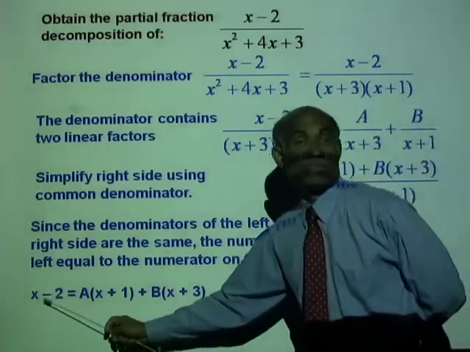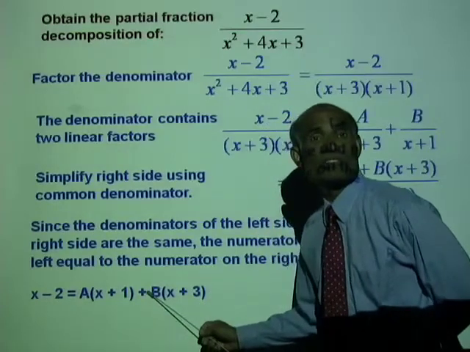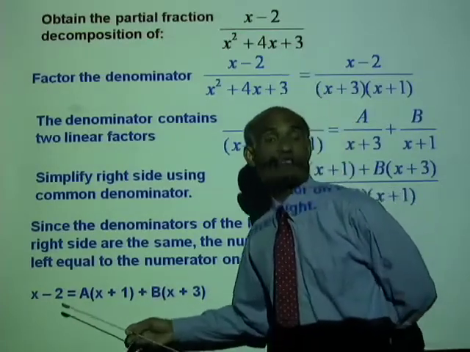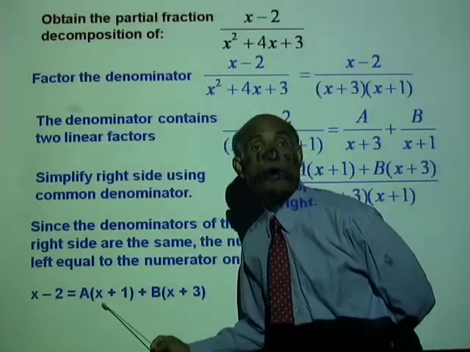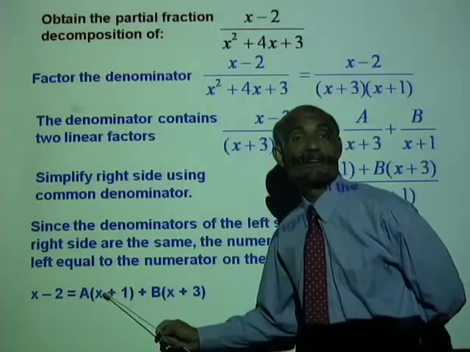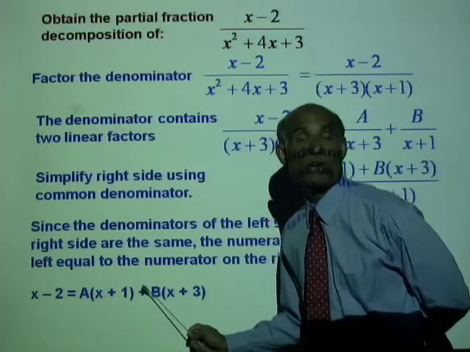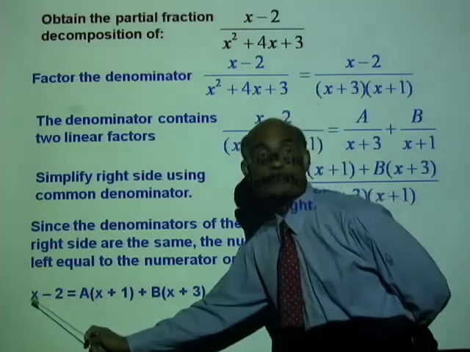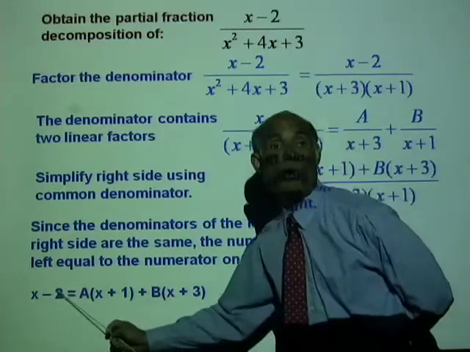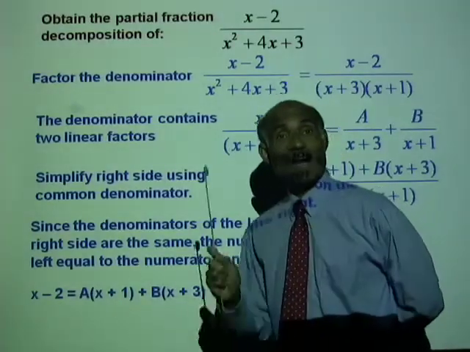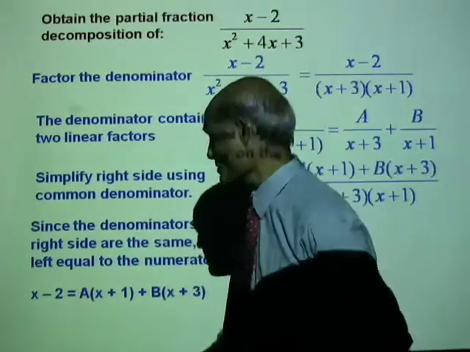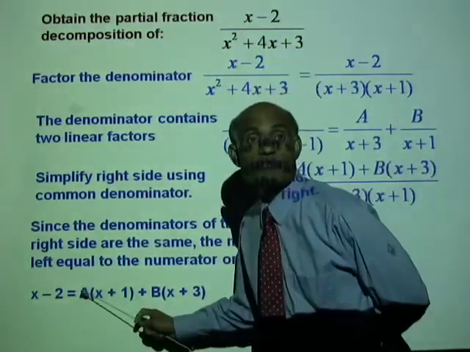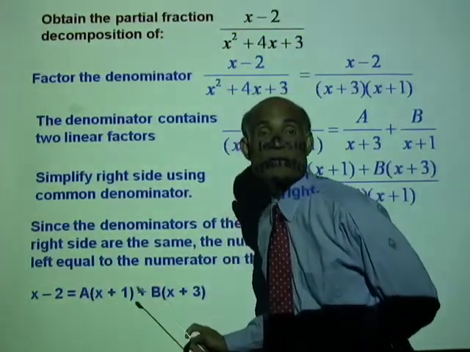Now remember, this is an equation, or rather an identity. In other words, this is true for all values of x. If you put x equal to 0, x equal to 1, x equal to 2, it must be true for all values of x. And so, we can actually use a very clever method. What's our aim? Our aim is to find the values of a and b.